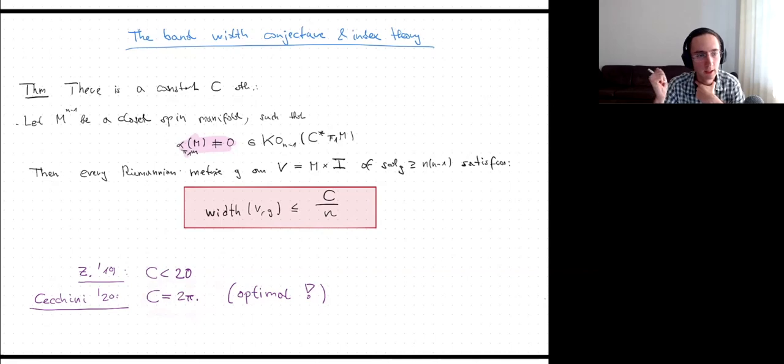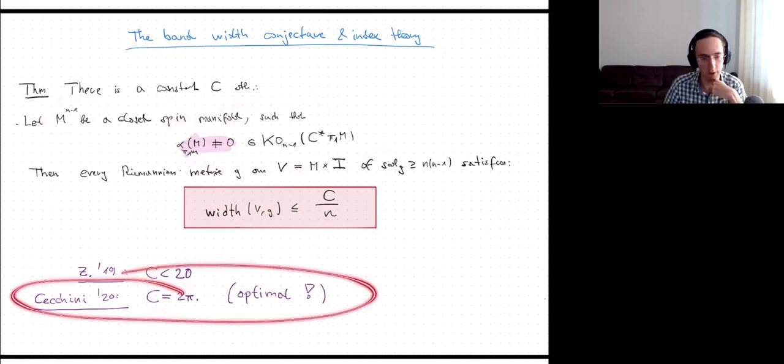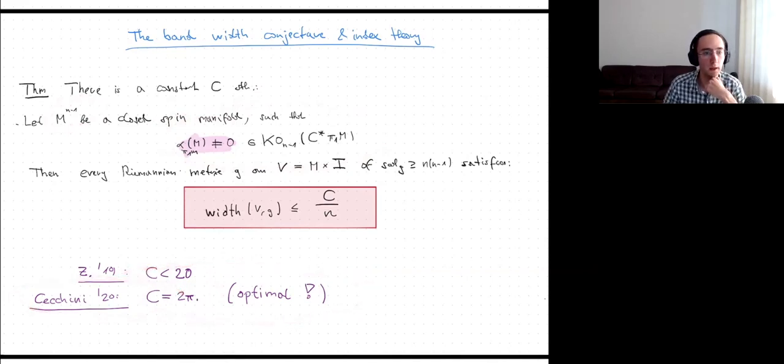So indeed, index theory can also prove these questions. Whenever you have a manifold that does not admit positive scalar curvature because of the Rosenberg index, then you get the bandwidth estimate conjecture with the optimal constant, after this result of Cecchini.